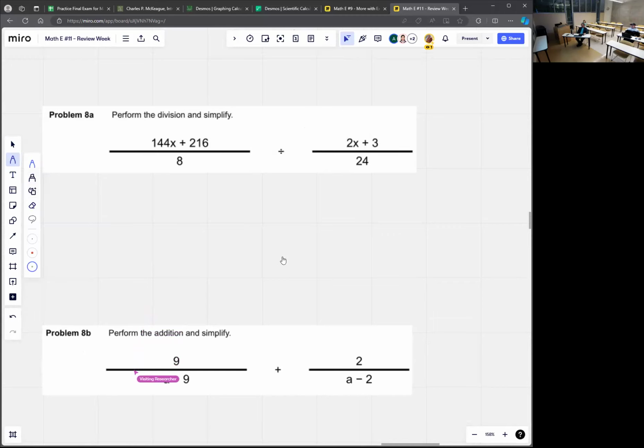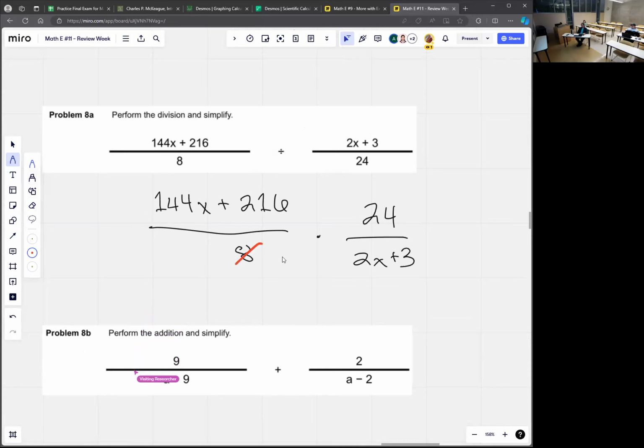So if I was to do this, you zip through it: 144x plus 216 over 8 times 24 over 2x plus 3. Well, we know the 8 and the 24 are going to cancel. Can I take this and get a 2x plus 3? Is this 72 times 2 and 72 times 3?